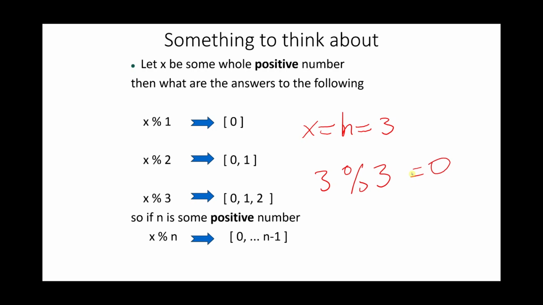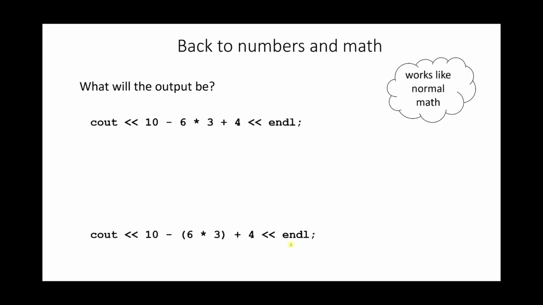So if you have n and x positive numbers, this is always going to give you 0 to n minus 1. If they are equal, that gives you 0. If they are not equal, this gives you anything in the range 1 to n minus 1.